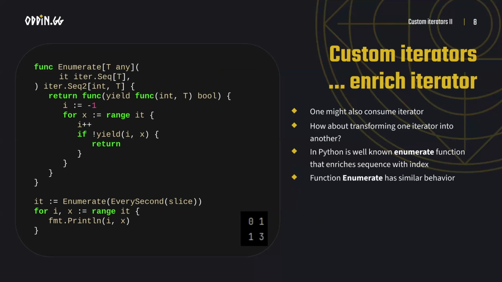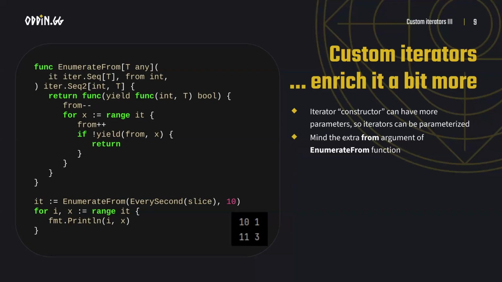So you take an iterator that you already have, in this case every second from the previous slide, and we can simply call another one on it, enumerate, that will transform it into an enumerated iterator that will return both the index and the value itself.